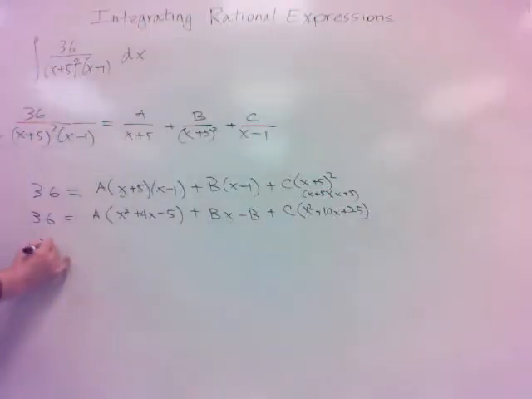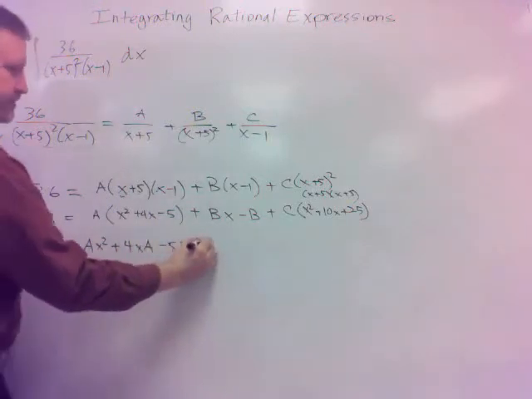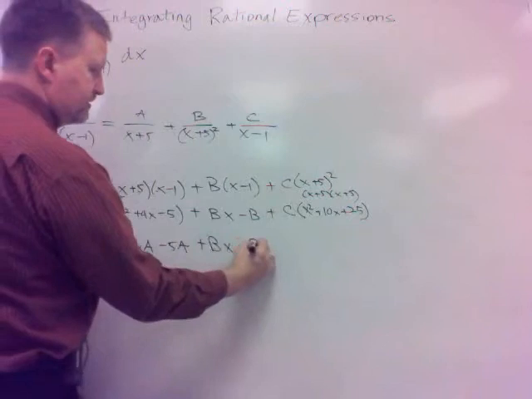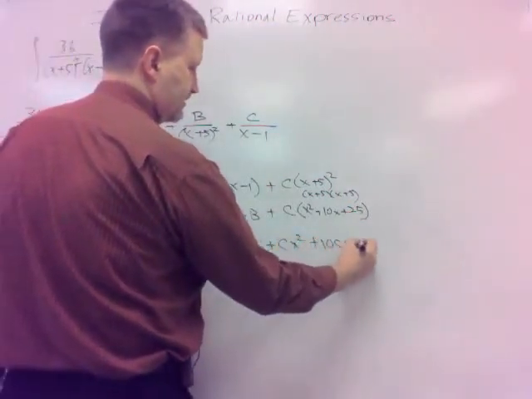So all total I have Ax squared, 4xA, minus 5A, Bx minus B, Cx squared, 10Cx, 25C.